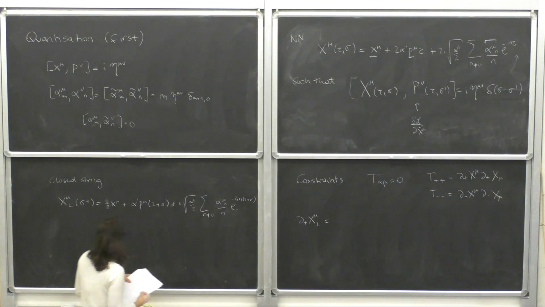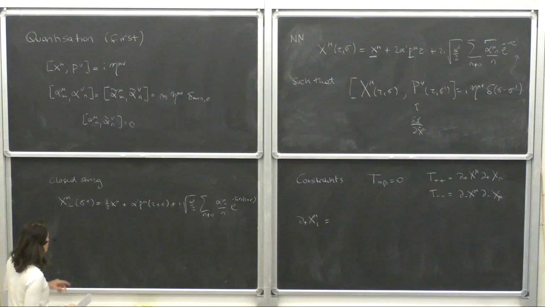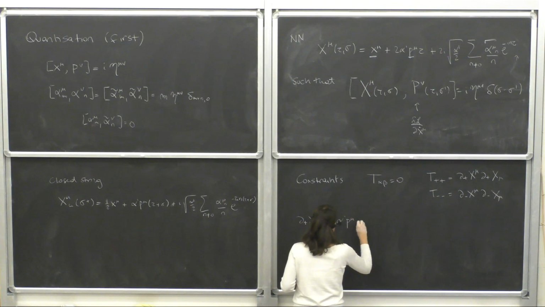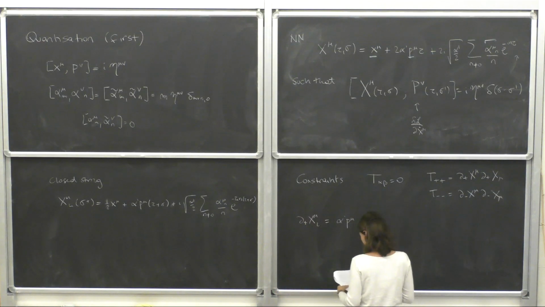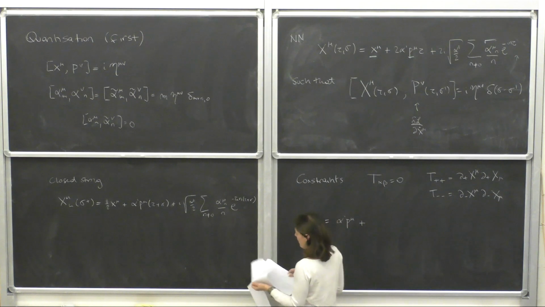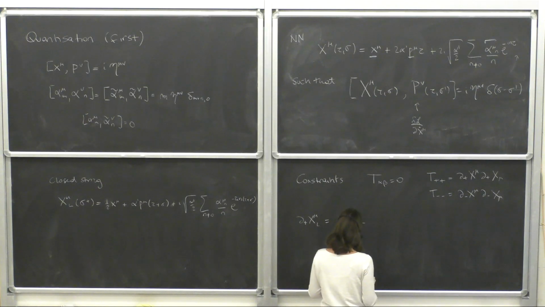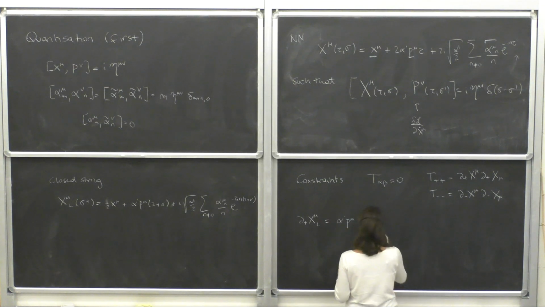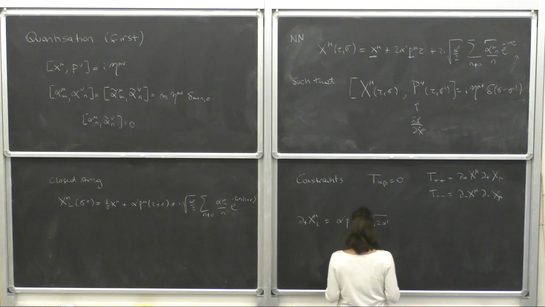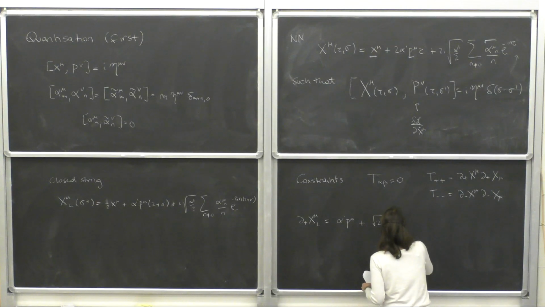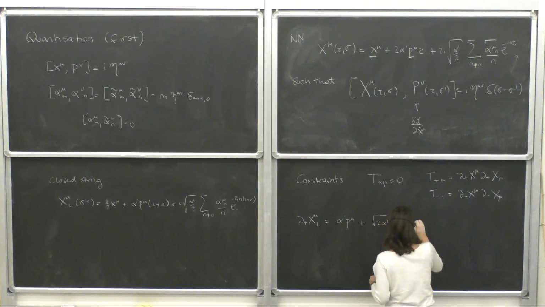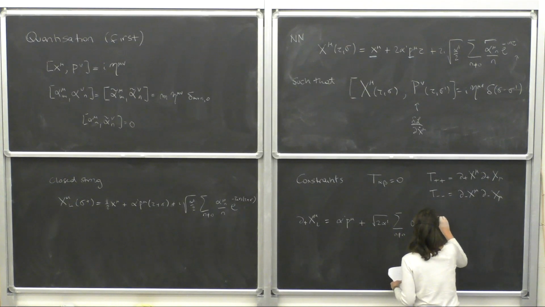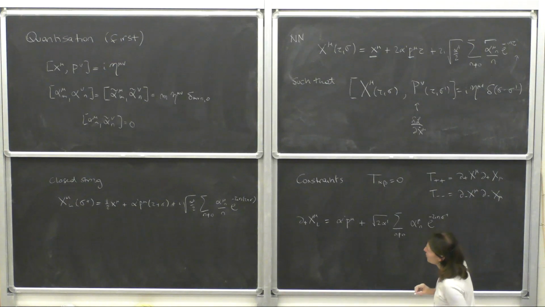So the derivative of this with respect to sigma plus is alpha prime p mu plus square root of 2 alpha prime, the sum n different from 0, alpha mu n e to the minus 2 i n sigma plus. I hope I have all the factors right.